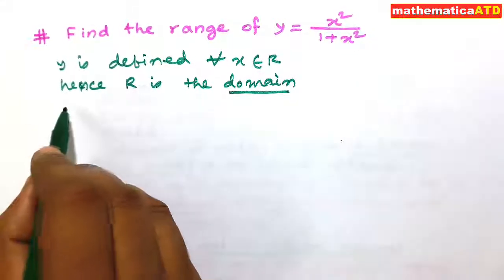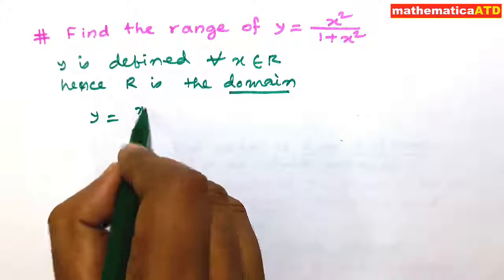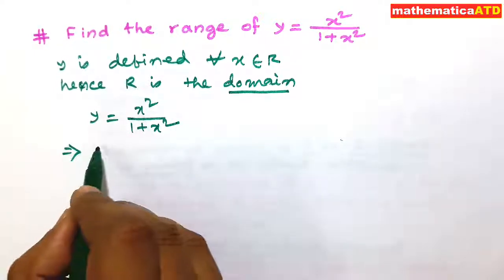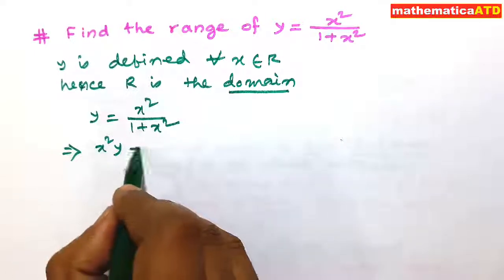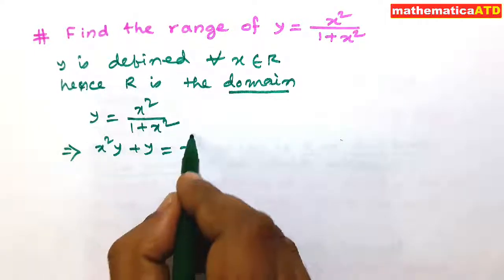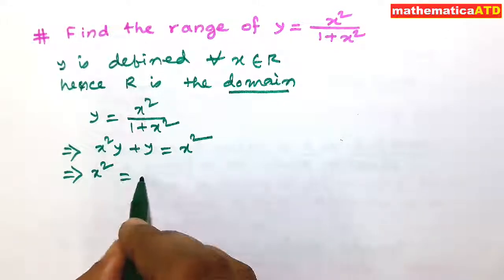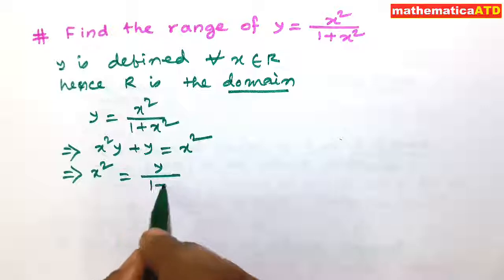Now, from y is equal to x square by 1 plus x square, friends, we have x square y plus y is equal to x square, so that x square is equal to y divided by 1 minus y.